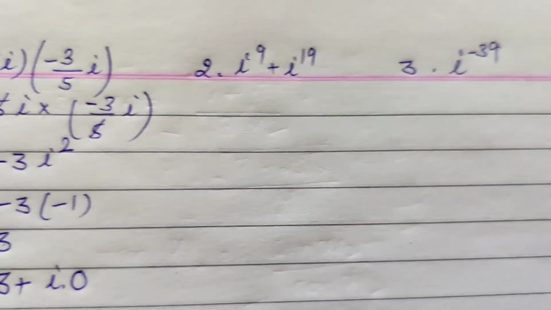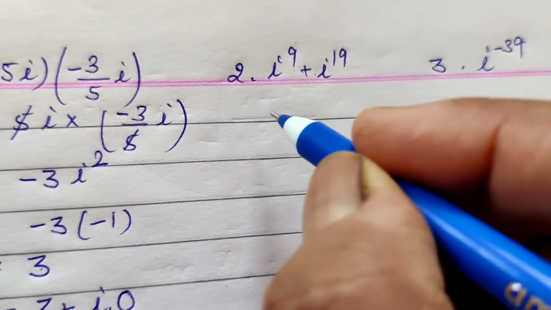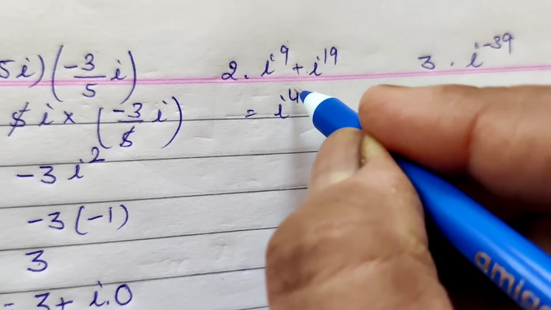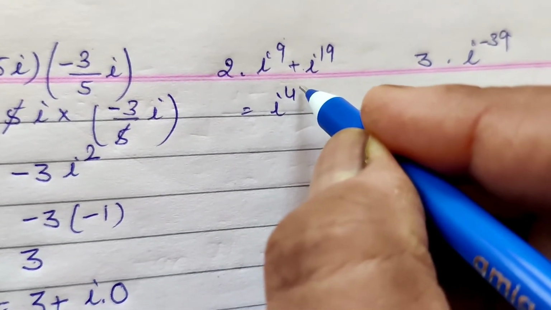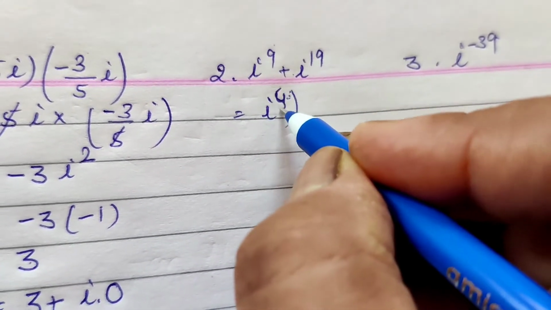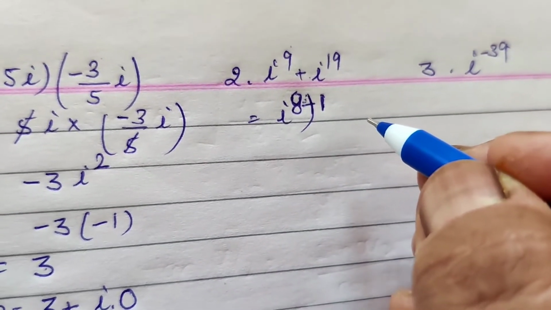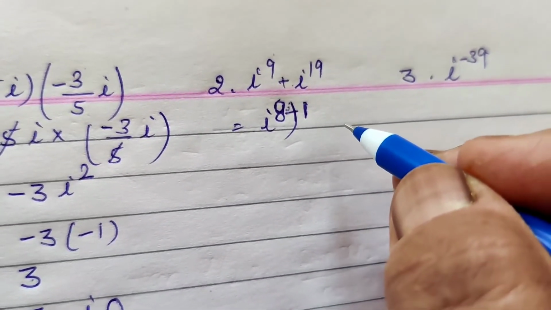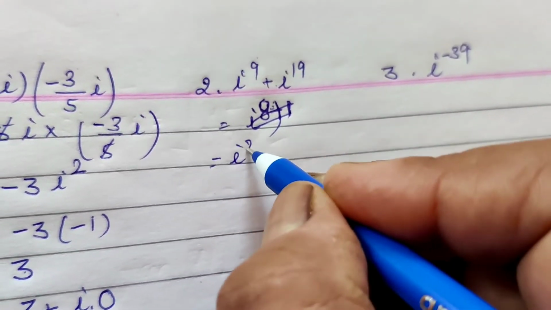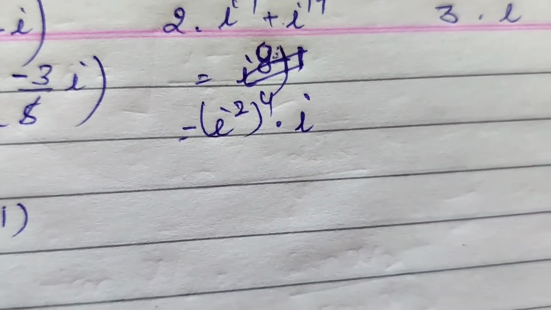In question number 2, i raised to power 9 plus i raised to power 19. Okay, we know that i raised to power 9 means i square raised to power 4 into i, 8 plus 1. We can write i square raised to power 4 into i. सिंपल वे में लिखिए i स्क्वायर की पावर 4 इंटू i. ये ज़्यादा आसान है.